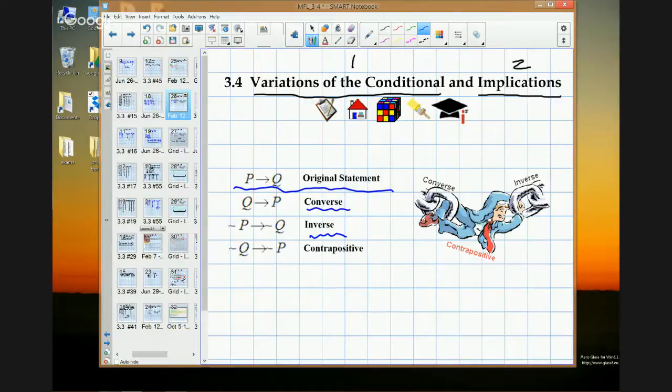And now this is the one that's the most important, the last one. What if we swap the two letters and negate them both? So you notice here we have the P and the Q swapped and we negated them both. That is called the contrapositive.